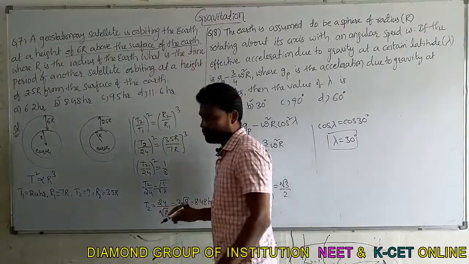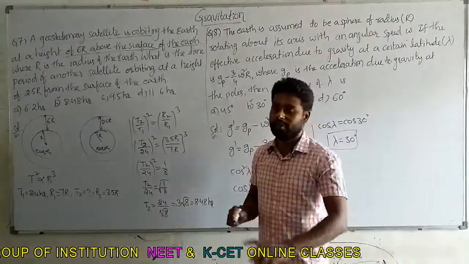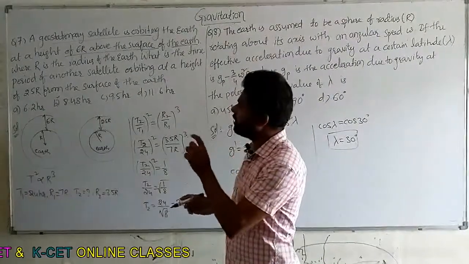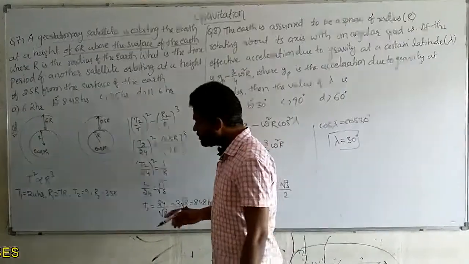This geostationary satellite is revolving at a height of 6R above the surface of the earth.